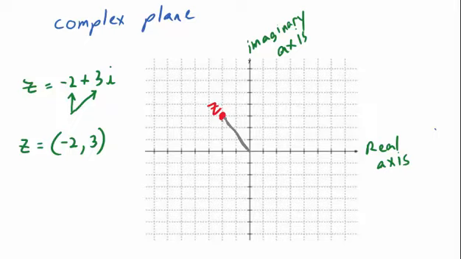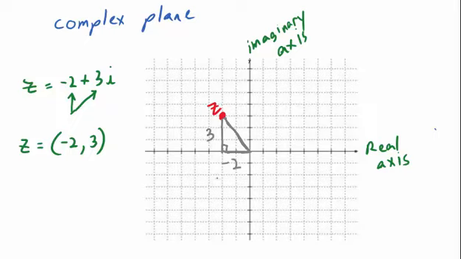As we've done so many times before, we're going to drop a perpendicular, and then what have we created? A right triangle. What formula can we use to find essentially what is the hypotenuse of that right triangle? The good old Pythagorean theorem. What is the directed length of the horizontal side? Negative 2. What's the length, actually, of the vertical side? 3.